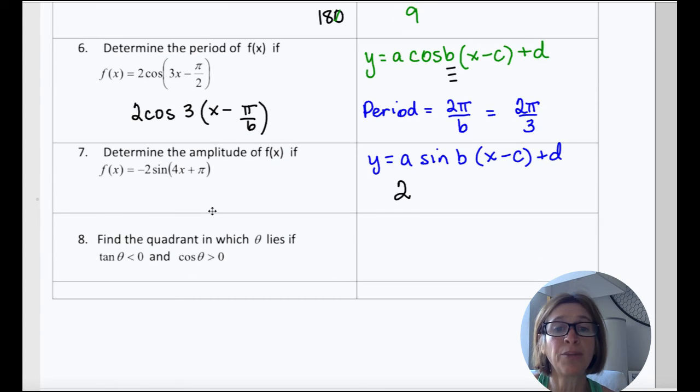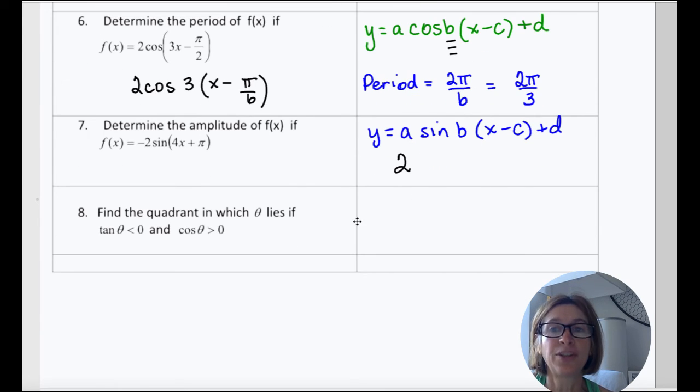All right, determining a quadrant. So to determine a quadrant, let's think about this. We need to know what values are positive and negative in each quadrant. I'm not sure this was in a video, but a little trick to remember is that they're all positive in quadrant 1. Sine is positive in quadrant 2. Tangent is positive in quadrant 3.